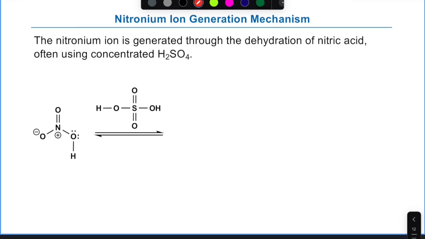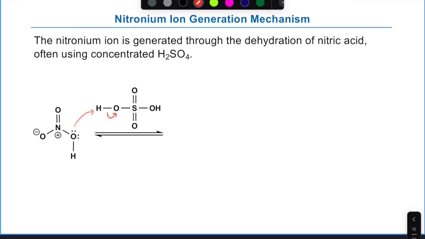And so you're going to mix these two together through the dehydration mechanism, whereby these electrons go up and grab a hydrogen, and then it makes deprotonated sulfate, something like that. Anyways, pretty resonance stabilized.